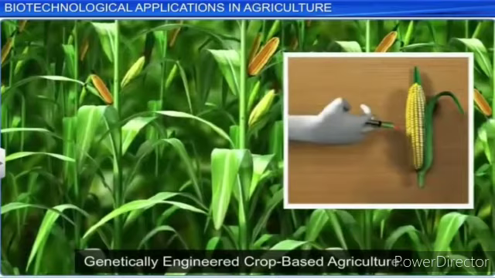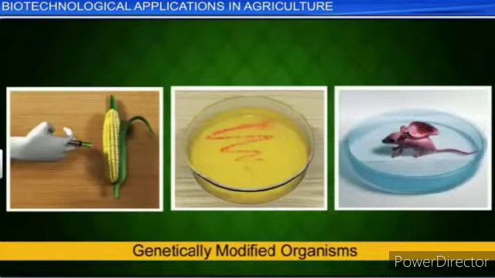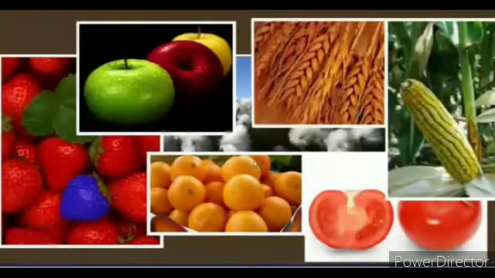Use of genetically modified crops is a possible solution. Plants, bacteria, fungi, and animals whose genes have been altered by manipulation are called genetically modified organisms. Genetically modified plants have been useful in many ways.